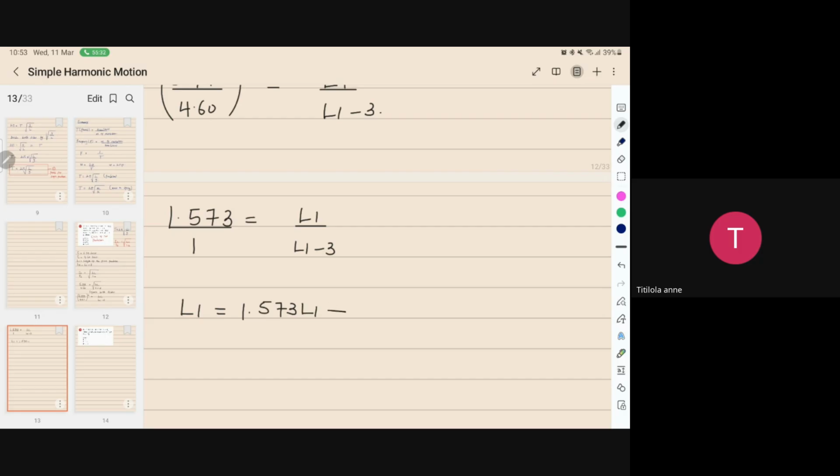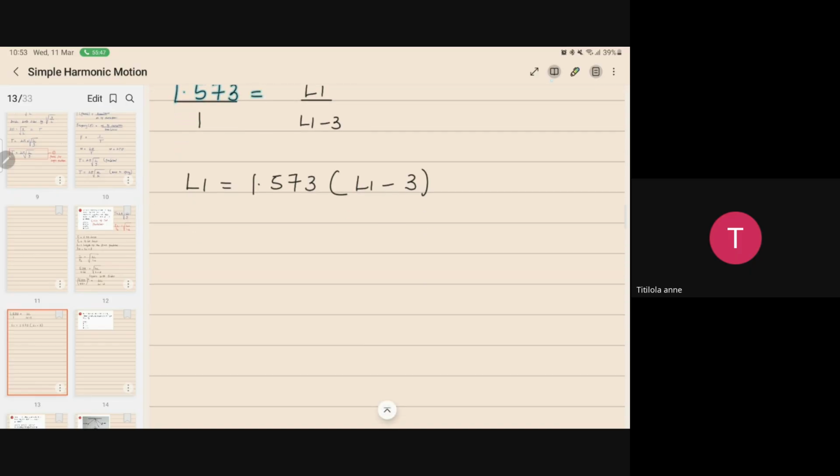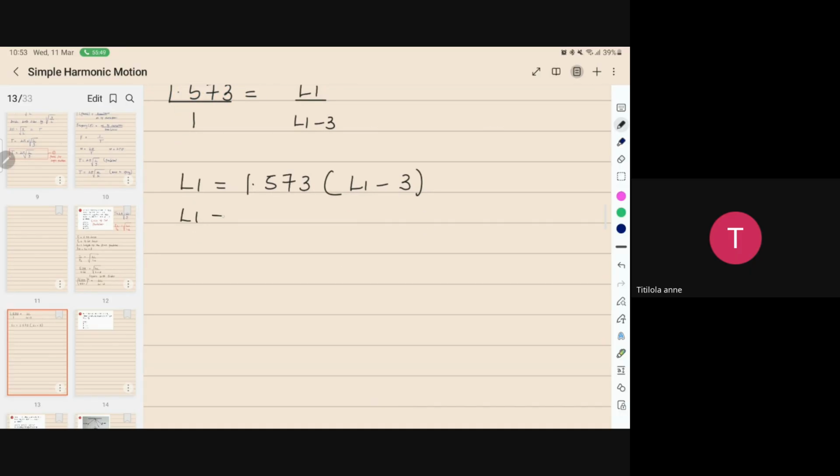Let me open my bracket first, so that some people will not be confused. L1 minus 3. Now, when you open up that bracket, my people, you're going to have that L1 will now be equal to 1.573 times (L1 minus 3).